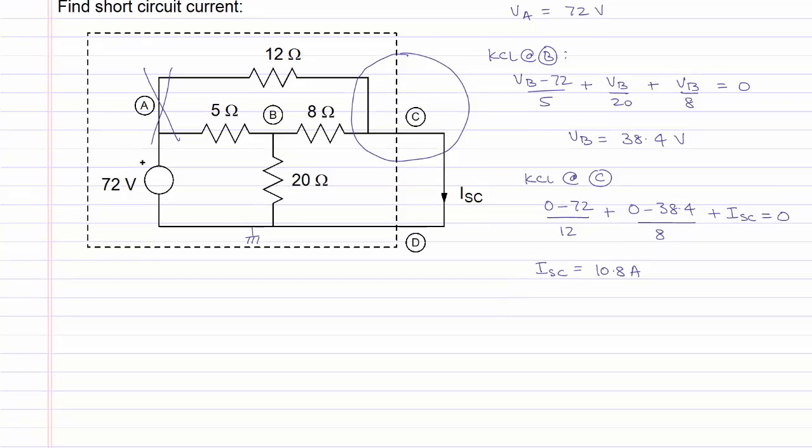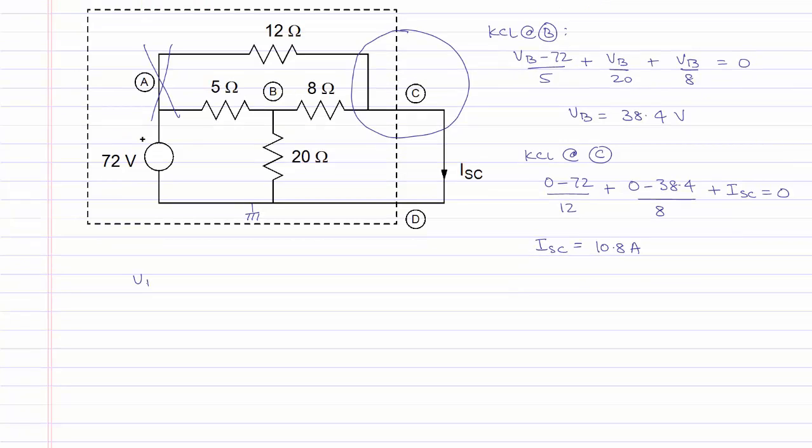Recall that the open circuit voltage VT was equal to 64.8 volts. We have the short circuit current as 10.8 amperes and the Thevenin resistance RT, which is equal to VT over ISC, will be equal to 64.8 divided by 10.8, which is 6 ohms.